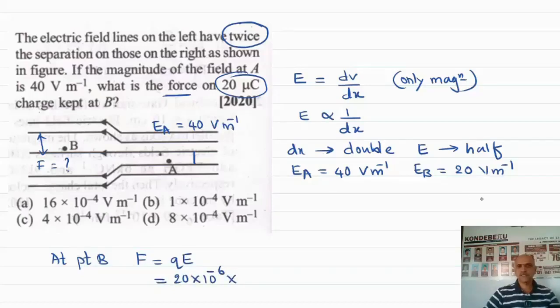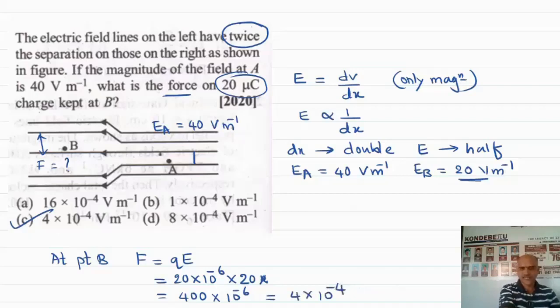E is 20 volt per meter. So just 20 comes. 20 into 20 is 400, so my answer is C. So you will have 400 into 10 raised to minus 6, or you can say 4 into 10 raised to minus 4. Option C is the answer.